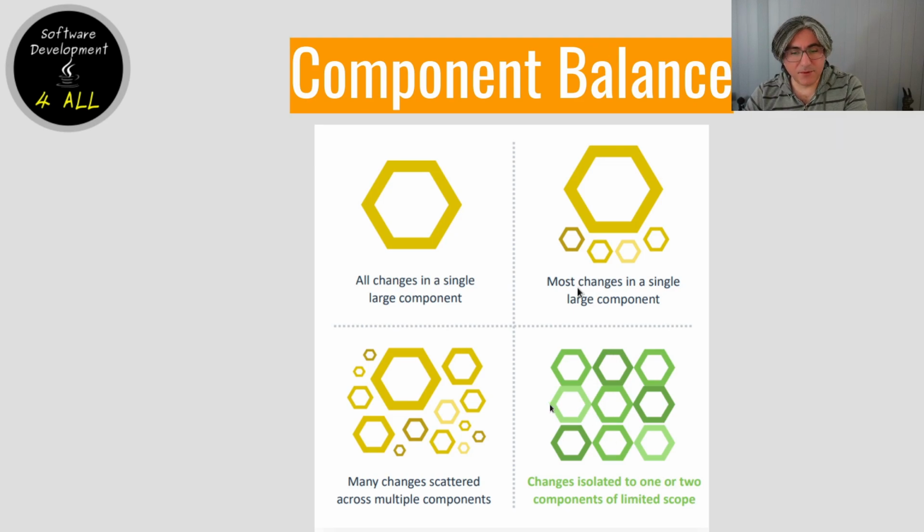When you distribute your code evenly, well balanced over multiple smaller components, the changes are isolated to one or two components when you want to affect something. That's the desirable situation, rather than very big components that might break the system if one of the big areas has been touched. I hope this is a better explanation.